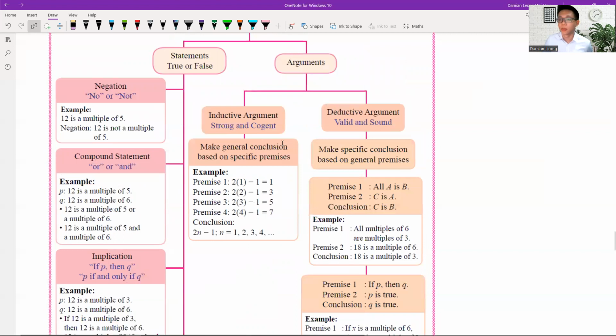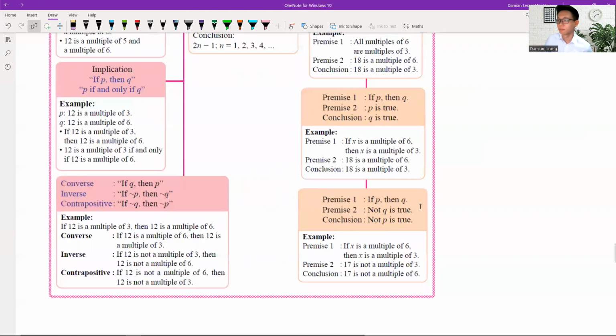Then I have arguments, inductive and deductive arguments. For inductive arguments, whether it's strong or not, cogent or not. For deductive arguments, whether it's valid or not valid, sound or not sound. And then of course, drawing conclusions based on the premises, filling up the premises for your deductive arguments, or filling out the conclusion as well.